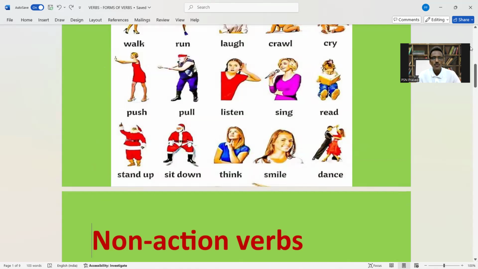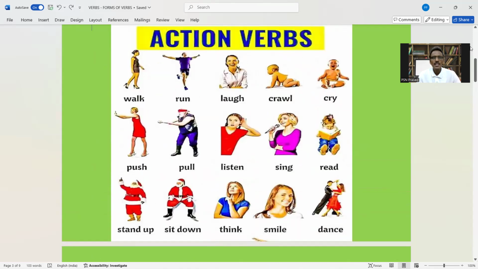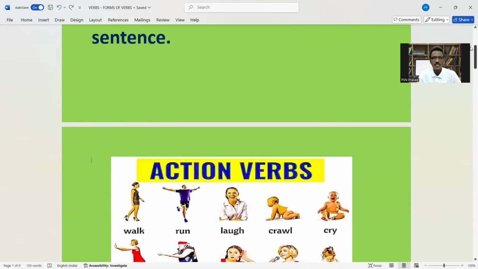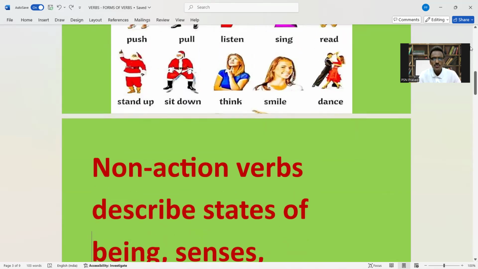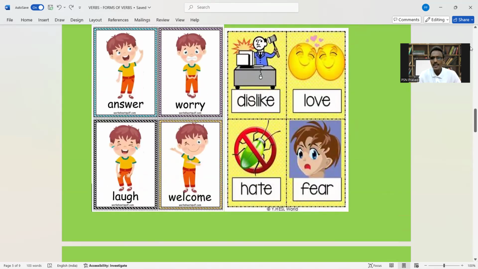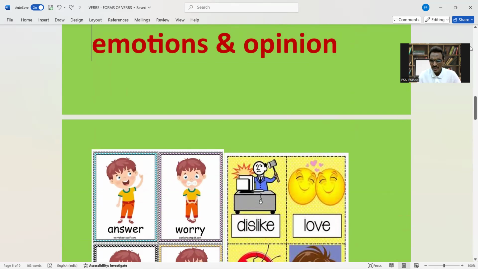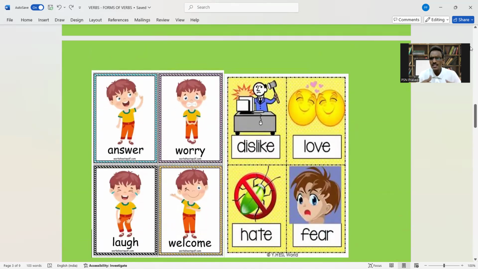We have seen that where some physical movement is involved, they are all said to be action verbs. And where there is no physical movement involved, like dislike, I like, love, I love, fear, I worry, I think, right? These types of expressions are said to be non-action verbs.